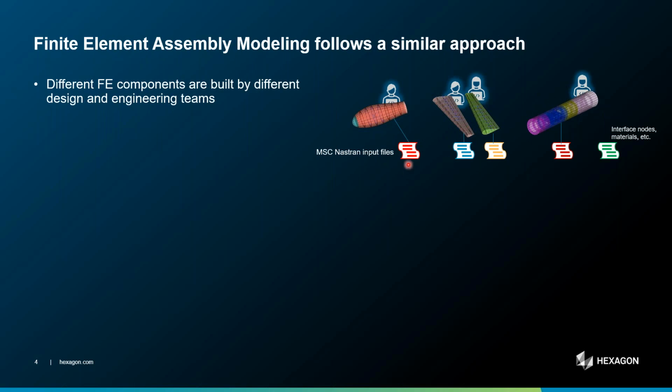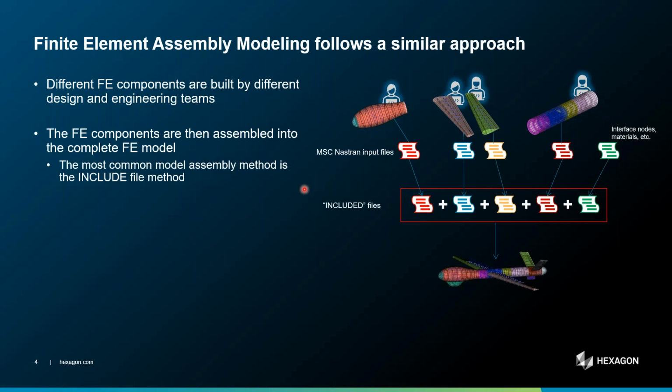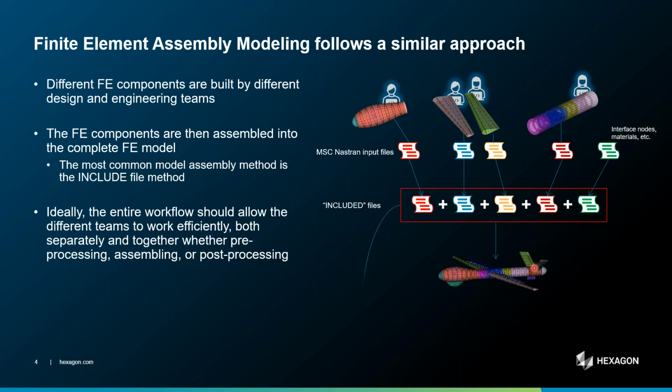Their product will be a Nastran input file with everything that's required for that portion of the model. These components are then assembled into the complete finite element model, and the most common way of doing this is called the include file method. Once again, the file for the nose and the file for each wing are all included into the final assembly, and the result would be the complete finite element model.